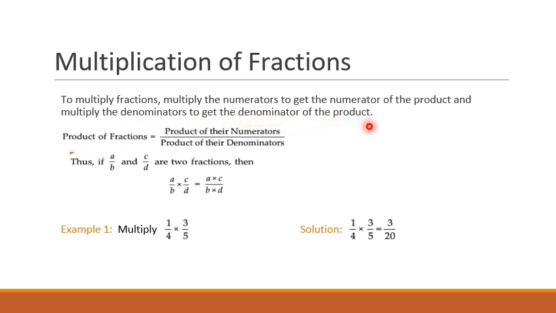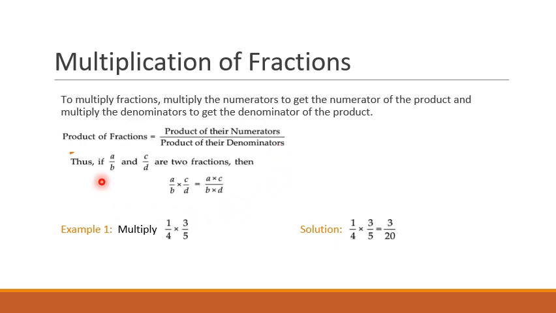So basically, in multiplication of fractions, we simply multiply the numerators and the denominators to find the product of fractions. And as a rule, we always express the fraction in the lowest term. So we can say that the product of two fractions is equal to the product of their numerators over the product of their denominators.